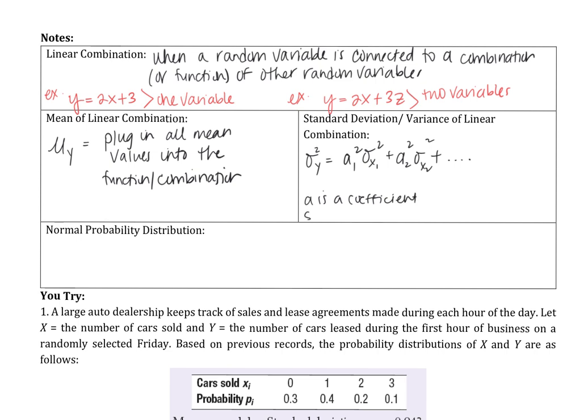And remember you take the square root to get the standard deviation, which is sigma sub y. For your normal probability distribution, be sure to find the new mean and standard deviation before you start working on it.